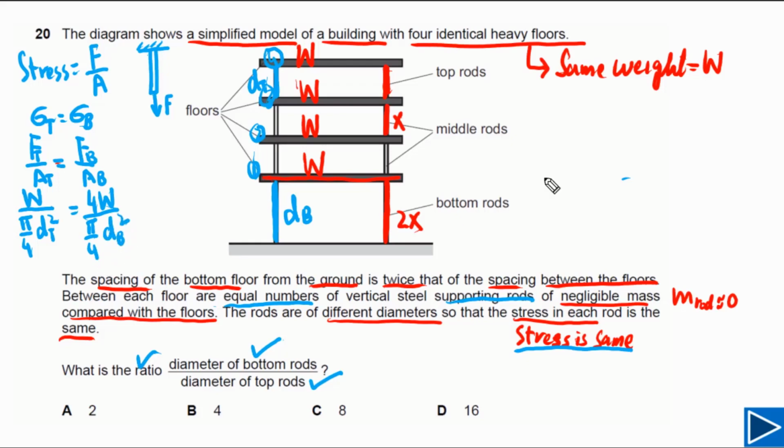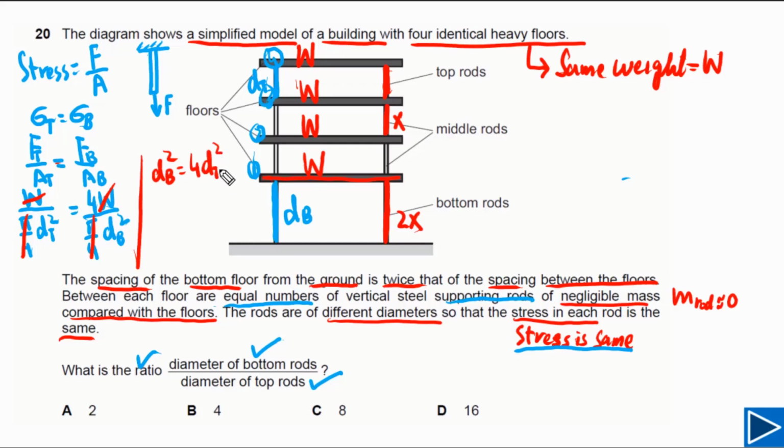That's all you need to do. Now we simply cancel and find our final answer. W is common, so we can cancel. Pi by 4 is common, we can also cancel. If we simplify this, dB square is equal to 4 times dt square.